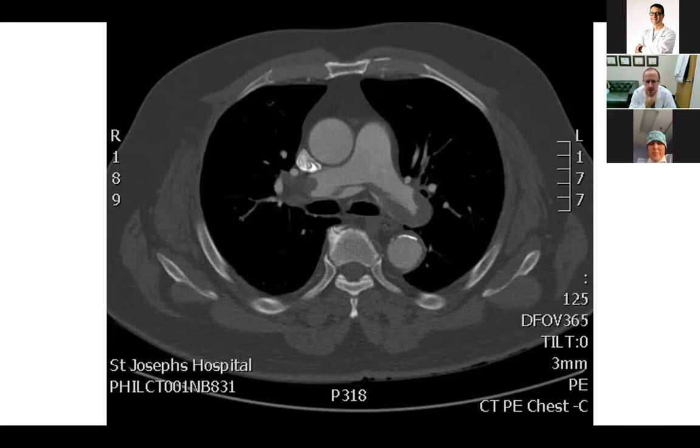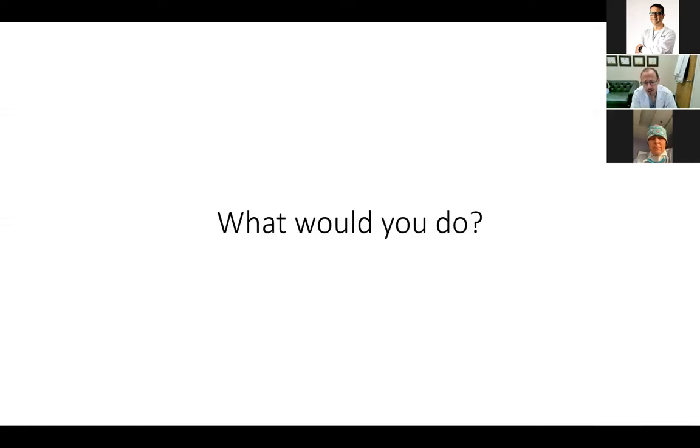So all that factored into the decision making, and the fact that you go and look at the guy, he's sitting there in bed in Emerge on room air with a normal blood pressure and normal heart rate. So it's hard to argue to take this person to the operating room and do a big operation with someone that looks that well. So what would you do is really the question.